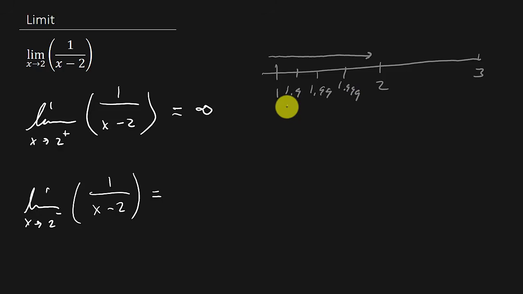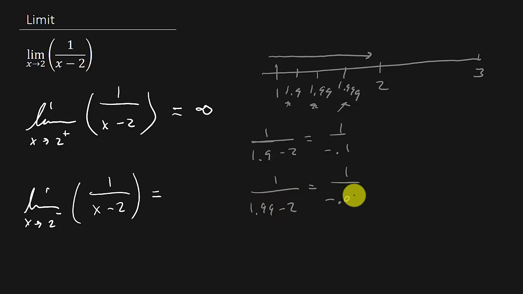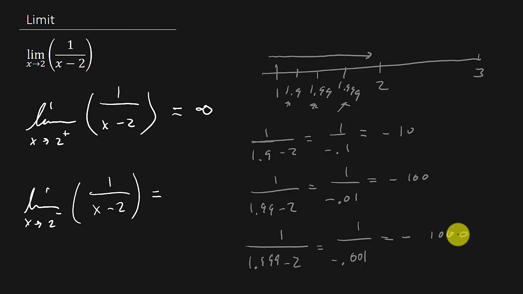So let's start plugging these numbers in and see what we get. We get 1 over 1.9 minus 2, which is 1 over negative 0.1. And then 1 over 1.99 minus 2, which is 1 over negative 0.01. And then 1 over 1.999 minus 2, which is 1 over negative 0.001. And you can see this would be negative 10, negative 100, negative 1,000, and so on.